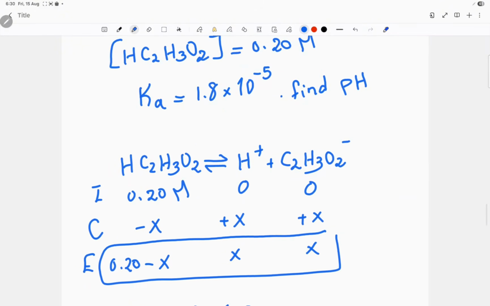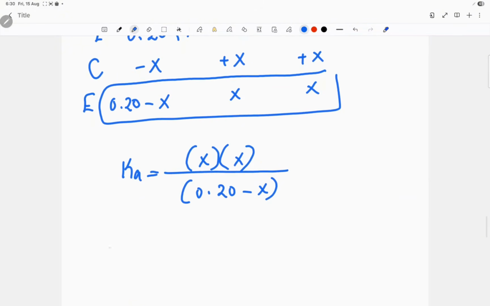What does the Ka equal? 1.8 times 10 to the power of negative 5. Now there is this unspoken rule that says if the Ka or the Kb is less than or equal to 10 to the power of negative 3, and you have a minus x in the denominator, simply don't count it.